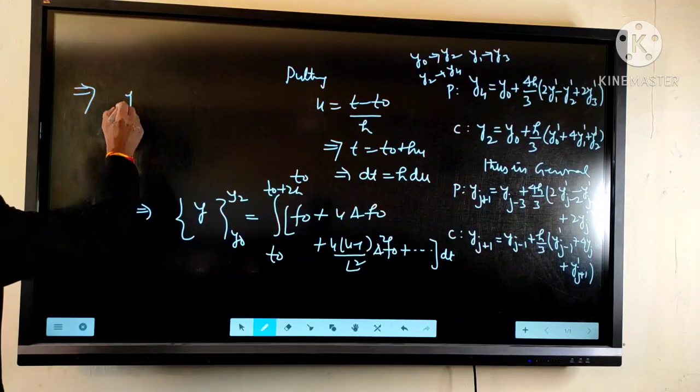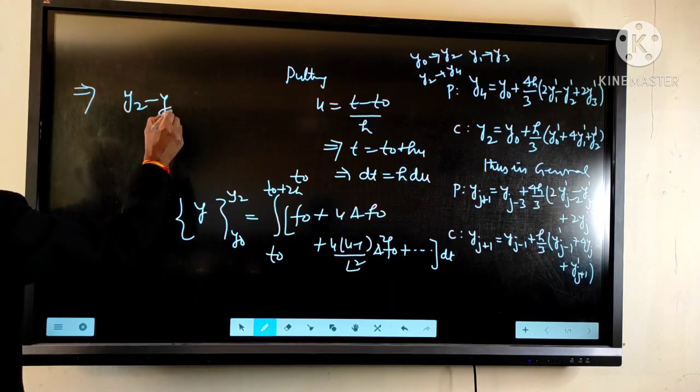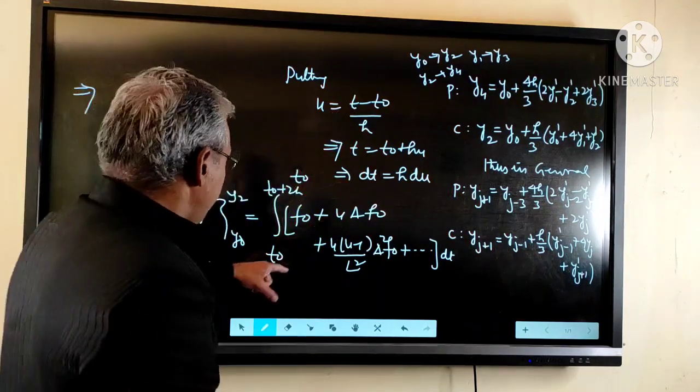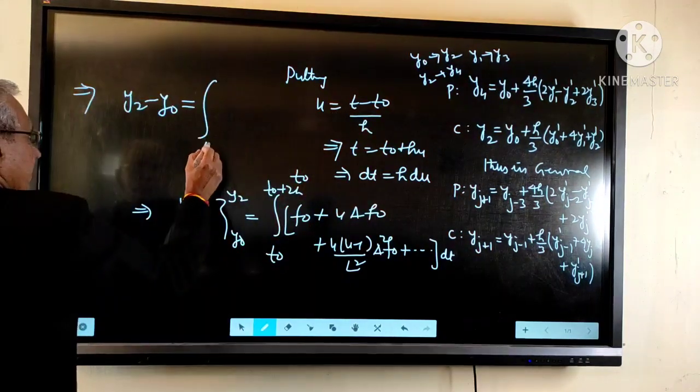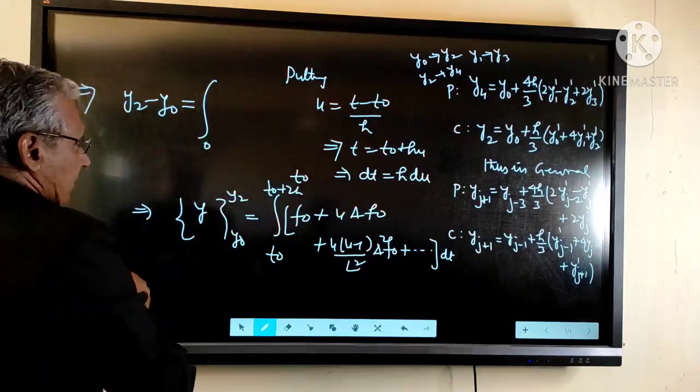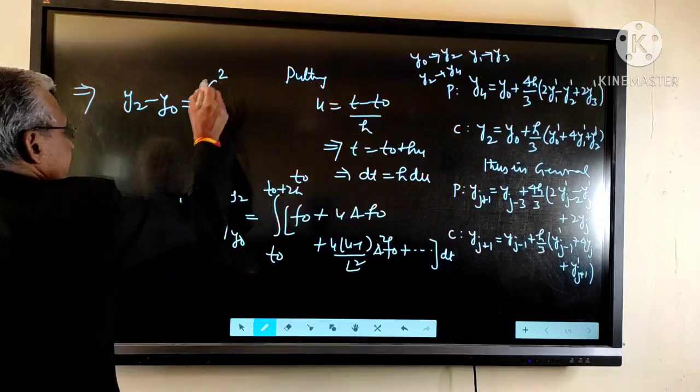Then y2 minus y0 equals, when putting t equals t0, the limit of u is 0, and when putting t equals t0 plus 2h, it is 2.